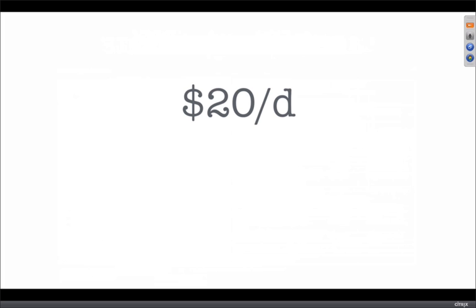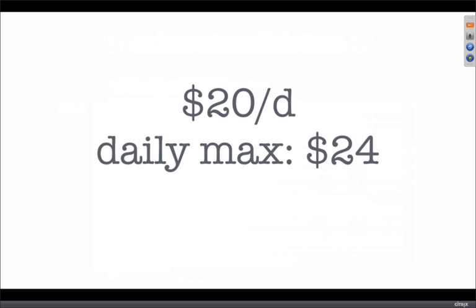So what Google say with budgets is that if you were to start at $20 a day, they can go 20% higher on any particular day. So they could go up to $24 on a day, and that's why you may see your spend occasionally be a little bit higher than you think you've set your budget at.